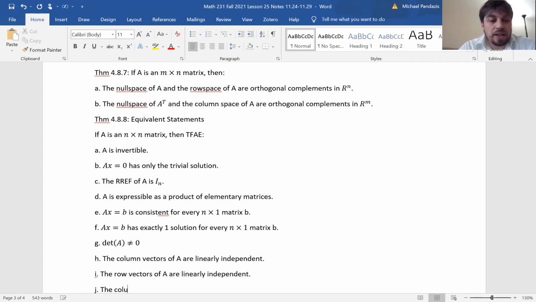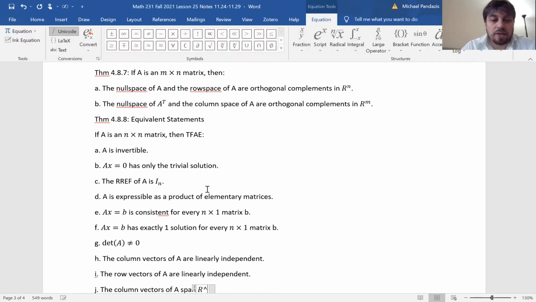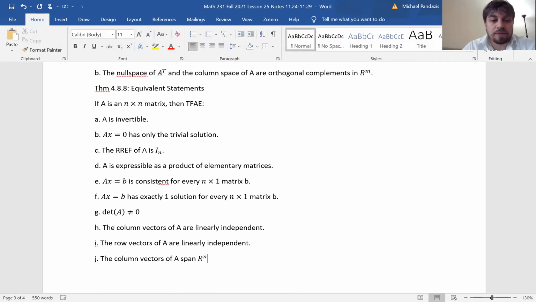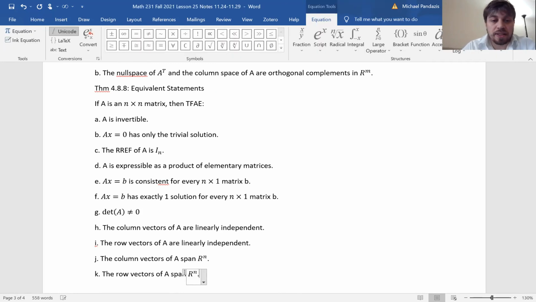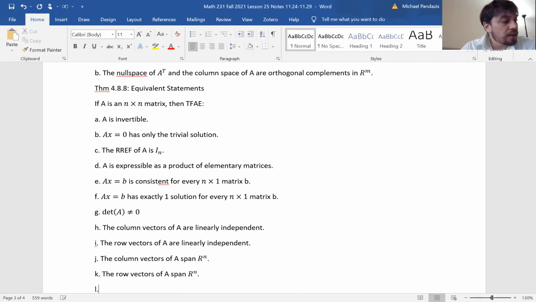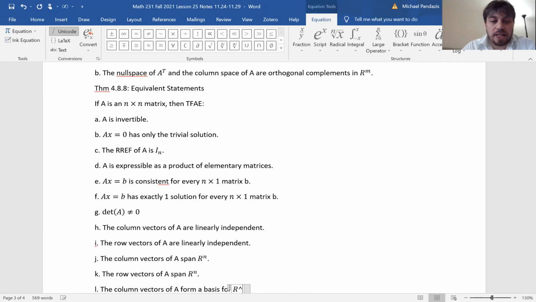J, the column vectors of A span Rn. K, the row vectors of A span Rn. L, the column vectors of A form a basis for Rn.